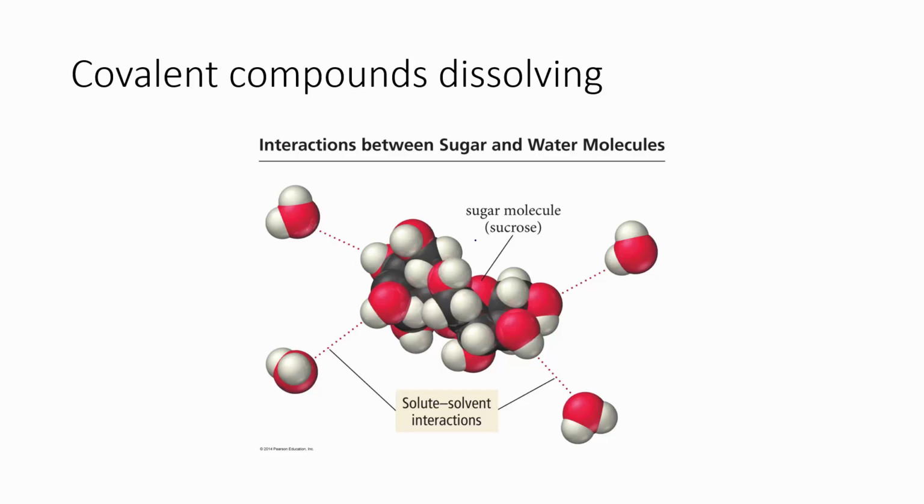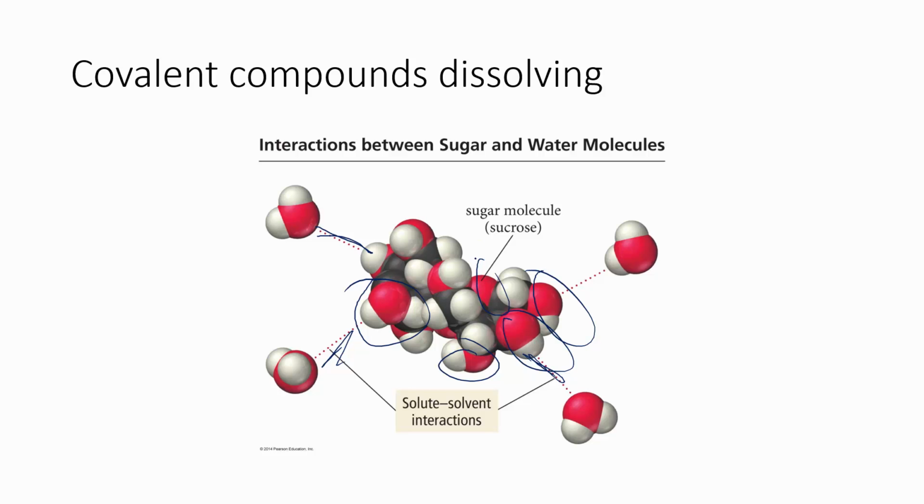Now covalent compounds don't do this. Instead, covalent compounds, if they're going to dissolve in water, must be doing so because they have some partially negative and partially positive portions themselves. And those partially negative and positive portions can interact with the water molecules.